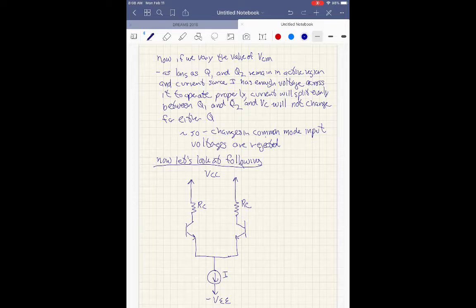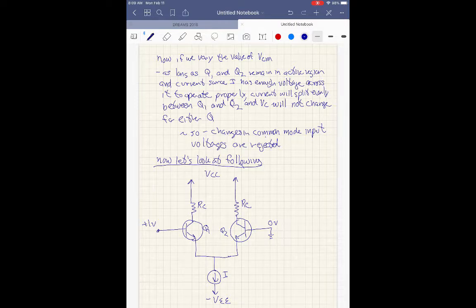Okay, let's put plus 1 volt here on the base of Q1, and Q2 attached to ground. So we've got plus 1 volt on the base of Q1, and we've got 0 volts on the base of Q2.